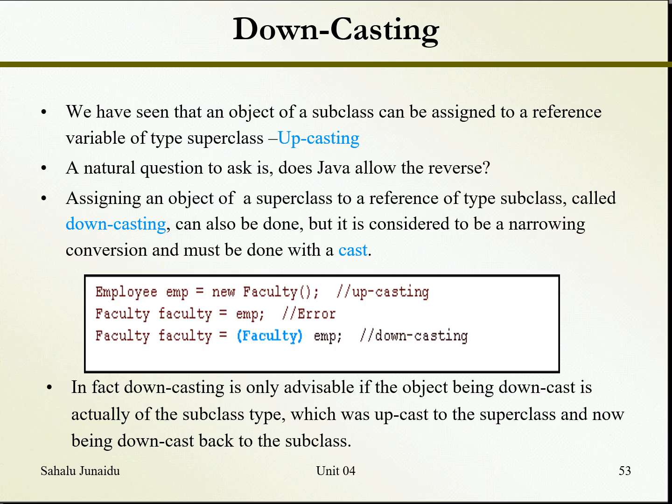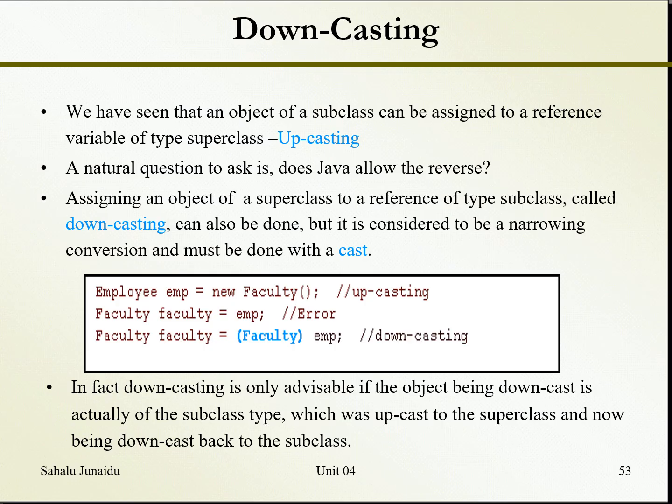Assigning an object of a superclass to a reference type of subclass, called downcasting, can also be done, but it is considered to be a narrowing conversion and must be done with a cast. So we have to cast it. We can't just assign an object of the superclass to a reference of the subclass, the way we have done in upcasting.